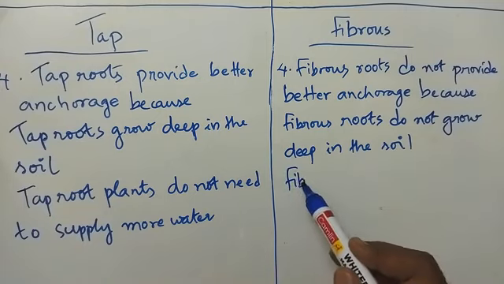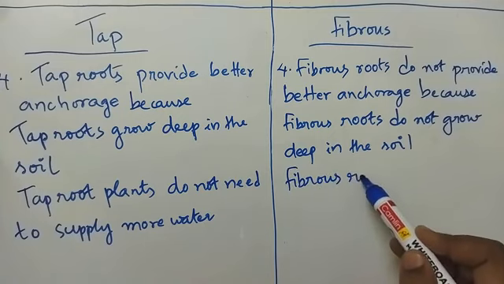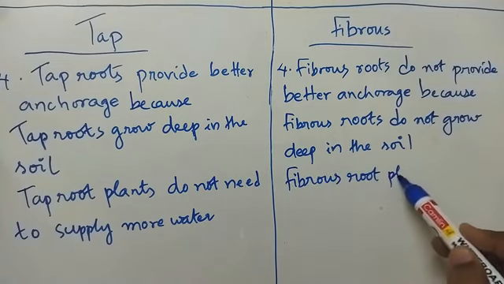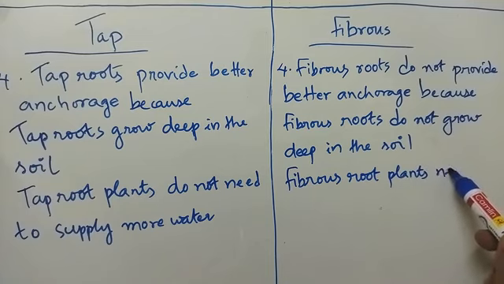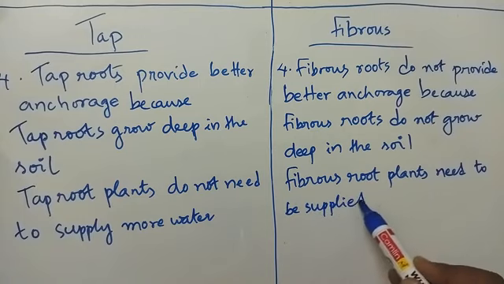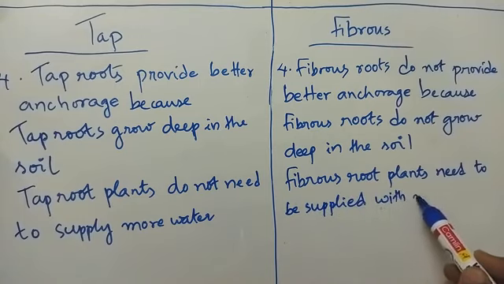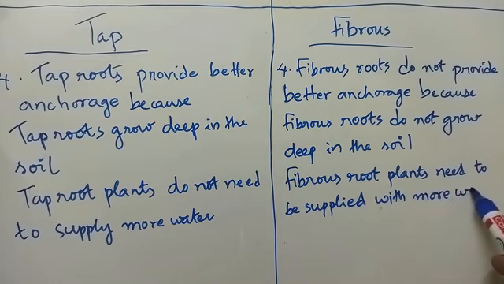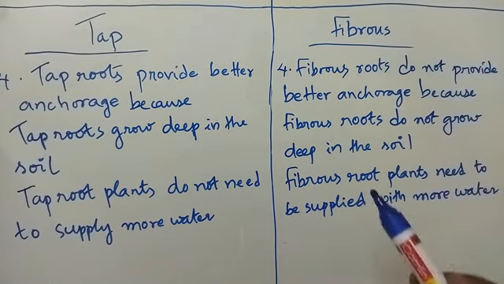Fibrous root plants need to be supplied with more water because their roots do not grow deep in the soil, so they cannot obtain the underground water from the deep layers of the soil.